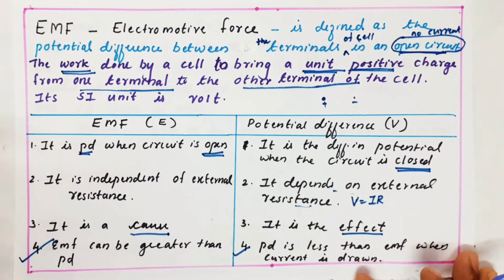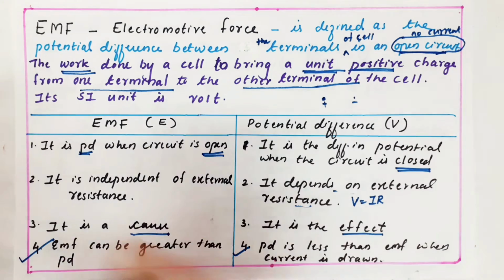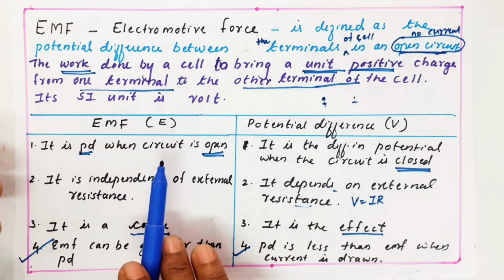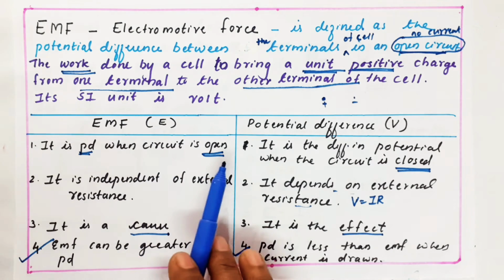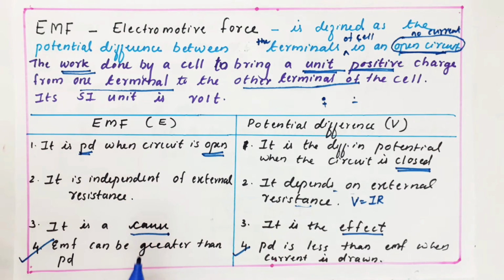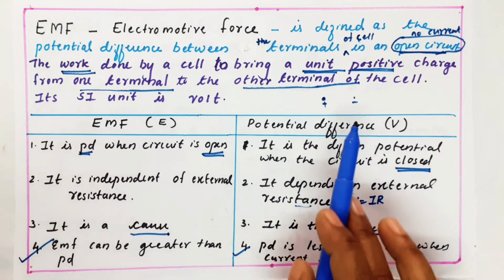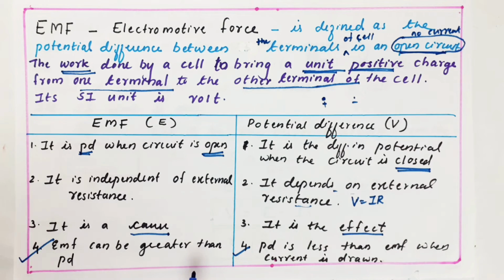So I just gave four basic differences between EMF and potential difference. Potential difference when the circuit is open is termed as EMF. Potential difference when the circuit is closed is termed as potential difference.